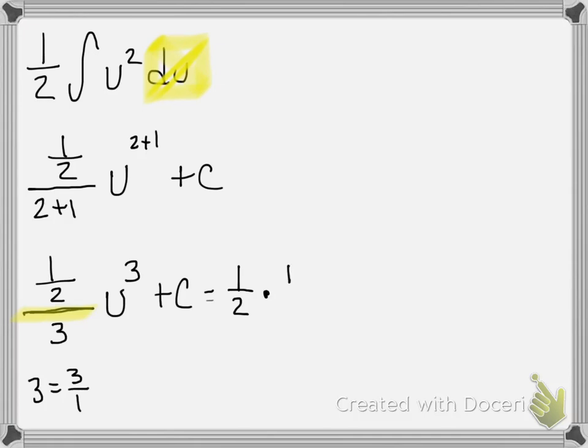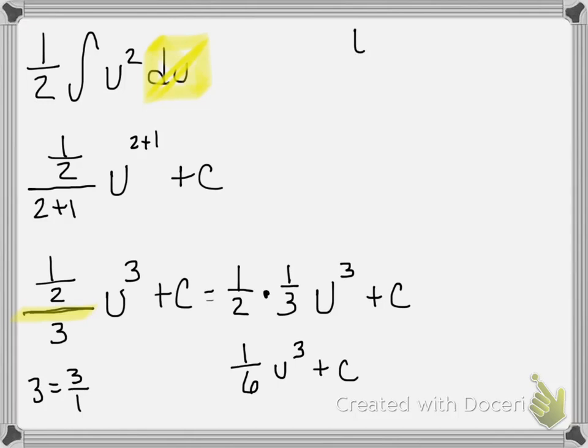So we're going to have 1 over 2 all over 3 is going to be 1 over 2 times 1/3. And we still have our u to the third plus our constant. And so that should be 1 over 6 u to the third plus a constant.